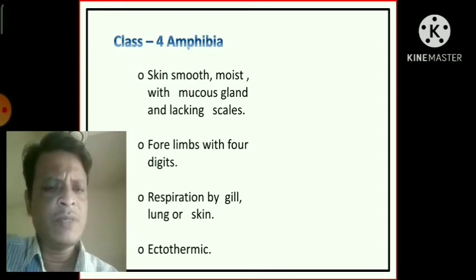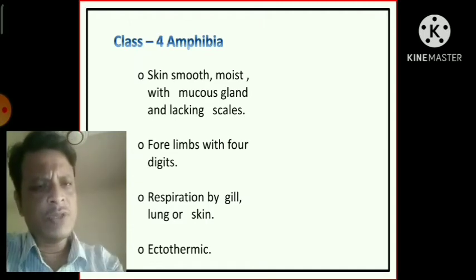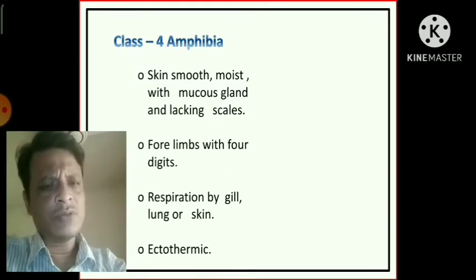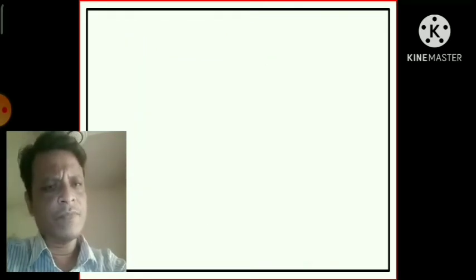When the temperature of the environment rises, their body temperature cannot be regulated, and that's why these are called ectothermic animals. Now the example, Bufo melanostictus.